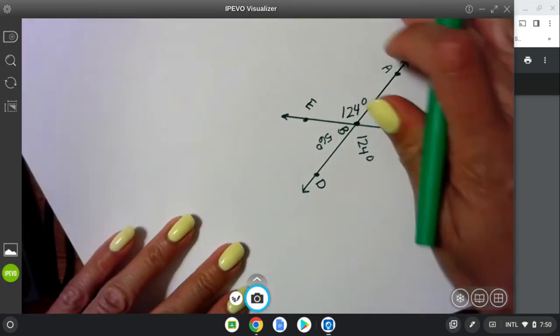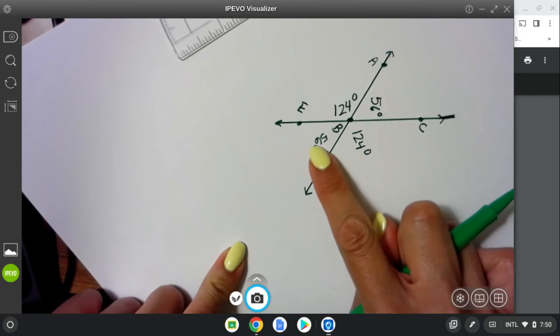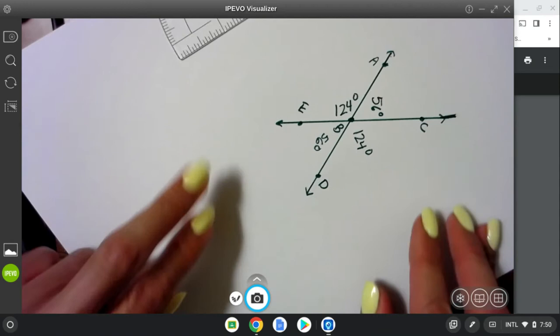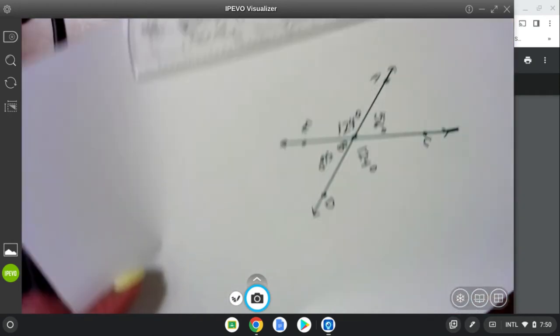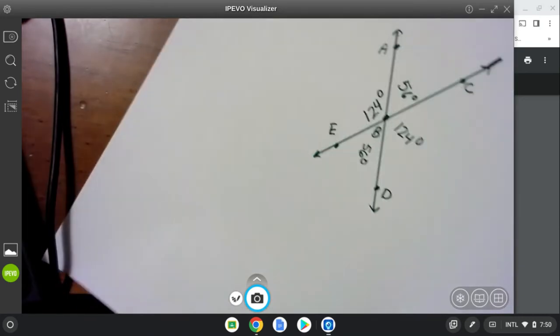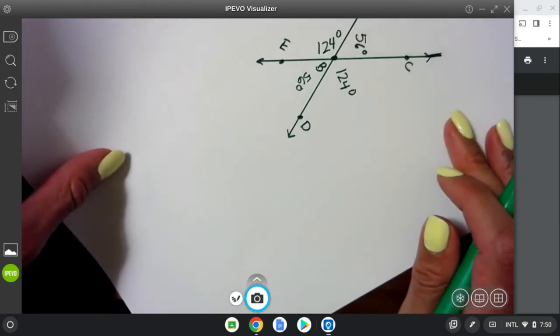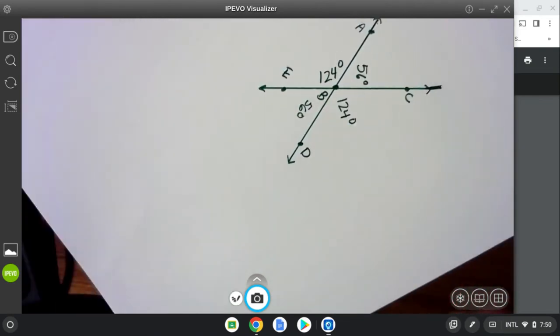So what you should notice is that the angles across from each other are the same measure. Angle EBD and ABC are across from each other and they are the same measure. And if you look at angle EBA and DBC, those are both 124 degrees.